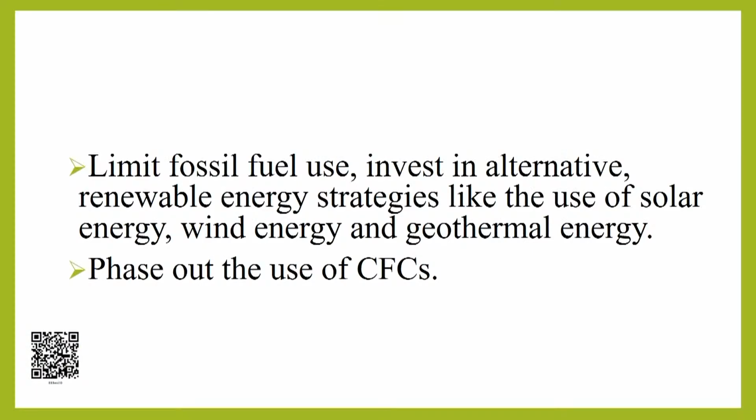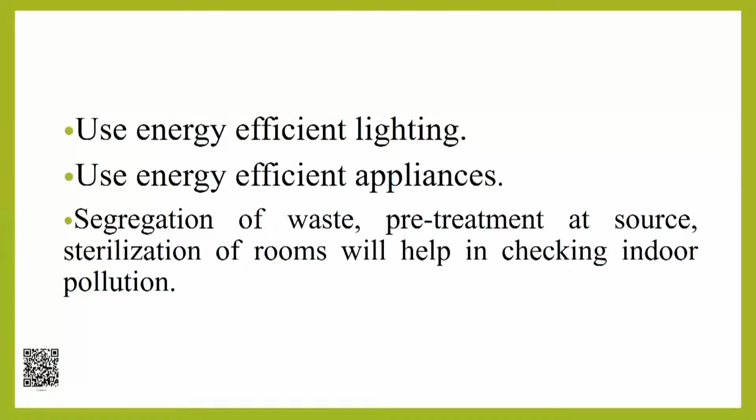Limit fossil fuel use, invest in alternative renewable energy strategies like the use of solar energy, wind energy and geothermal energy. Phase out the use of CFCs. Use energy efficient lighting, use energy efficient appliances. Segregation of waste, pre-treatment at source, sterilization of rooms will help in checking indoor pollution.